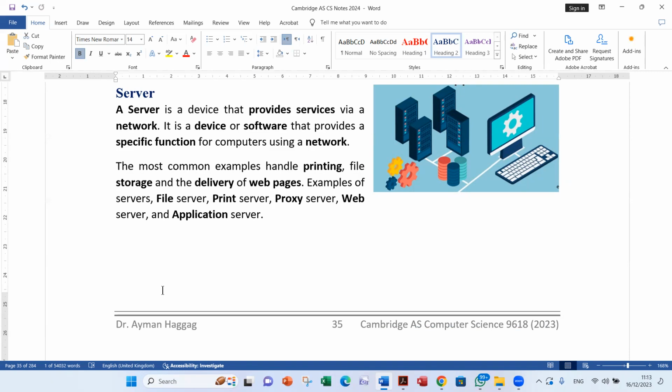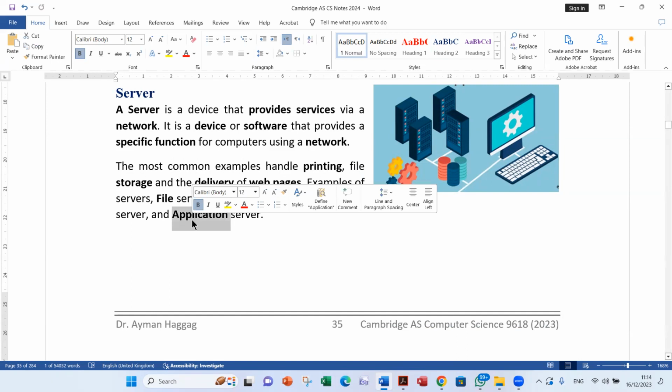We may have a DNS server that provides the IP address of the domain name. What other? We may have a print server to host a printer commonly shared by our computers. We have a proxy server. We have an application server to run applications on the cloud. We have many, many servers. Okay?